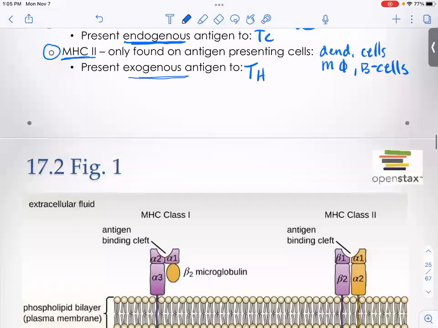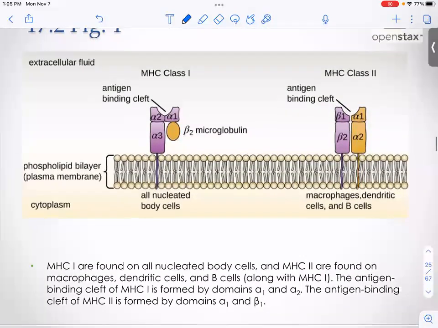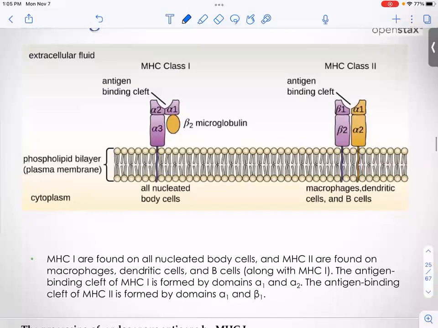All right, so it's always good to have a picture to go along with this. I'm not so much worried about the structure of these glycoproteins. That gets into a little bit more detail than I'm interested in going into, but here's our MHC class 1. Again, these are on all nucleated body cells. They have one arm here that spans the membrane of our cells.